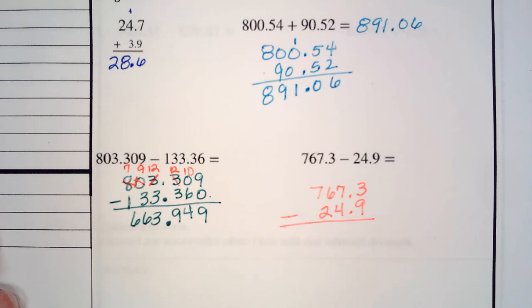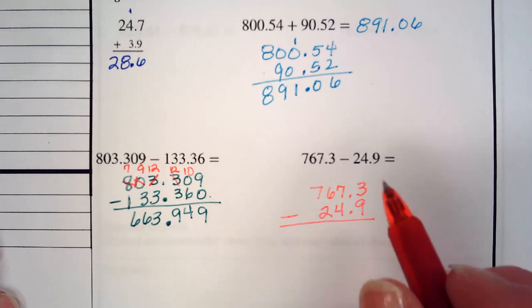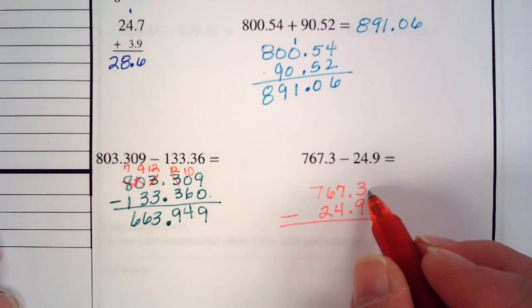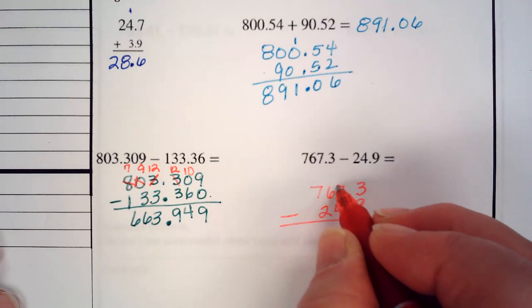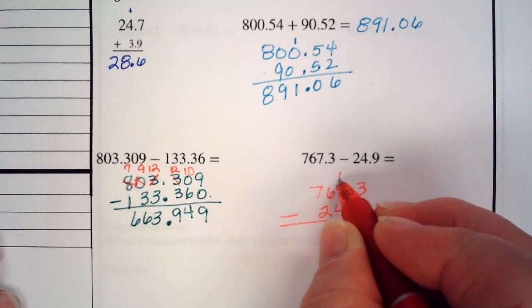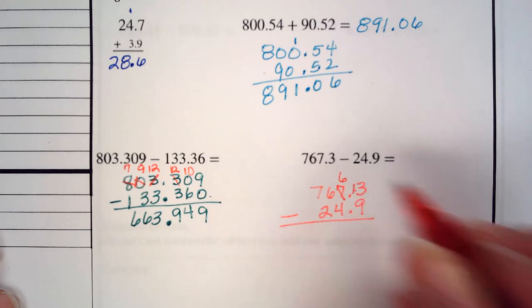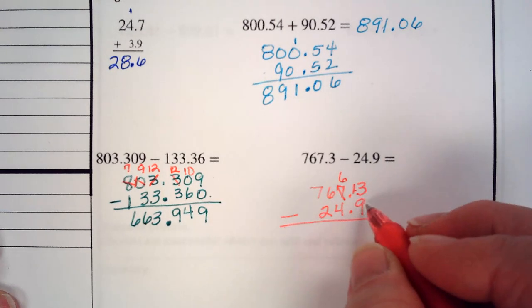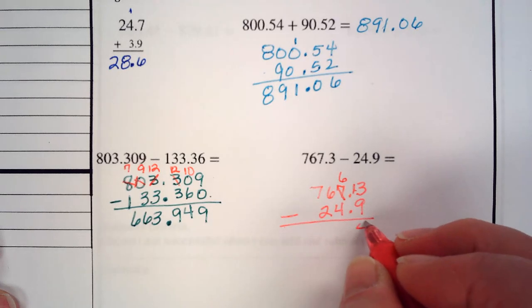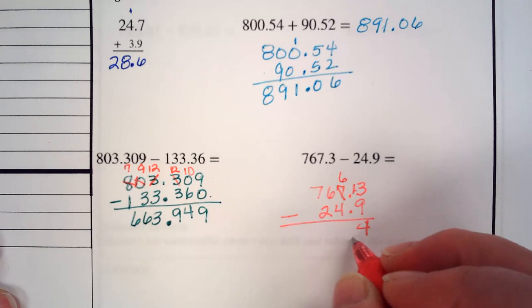Now, as I'm looking at this, I cannot take 3 minus 9, it doesn't work. 3 is not big enough. So I borrow 1 from the 7. I'm left with 6, and that becomes 13. 13 minus 9 is 4.